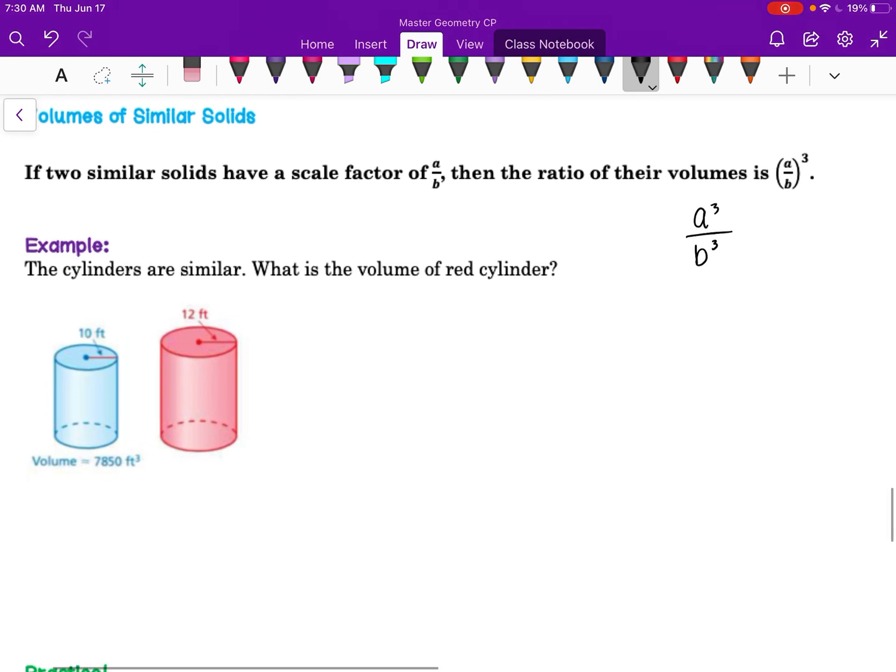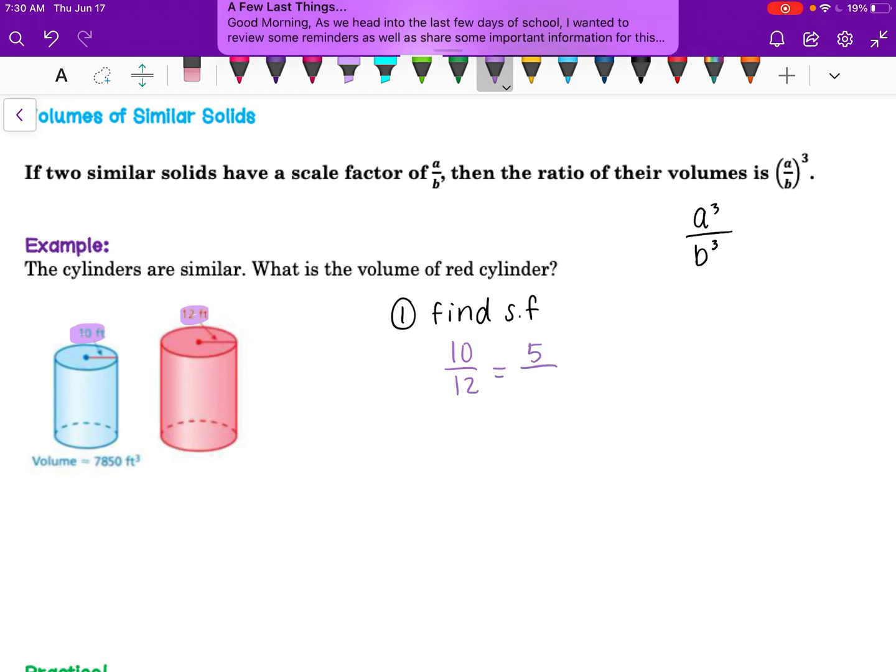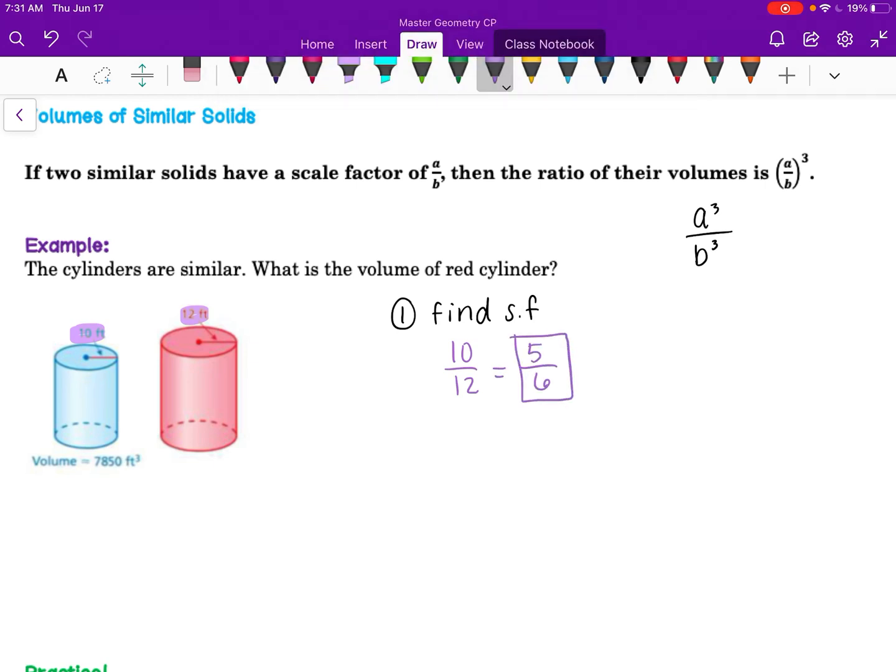So looking at the example, the cylinders are similar. What is the volume of the red cylinder? So again, first step is always to find the scale factor. So in this case, we have a radius of 10 and 12. 10 over 12 simplifies to 5 over 6. So that is our scale factor. Second step, we want to find the ratio of volumes.